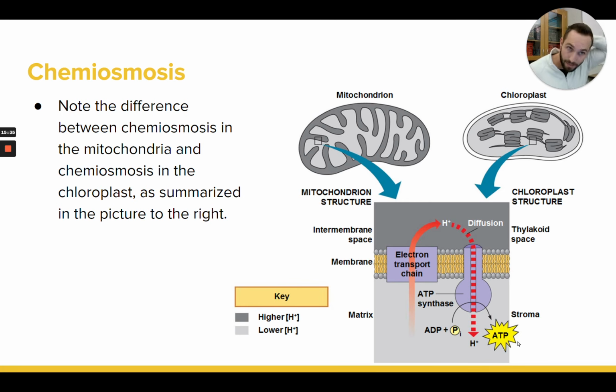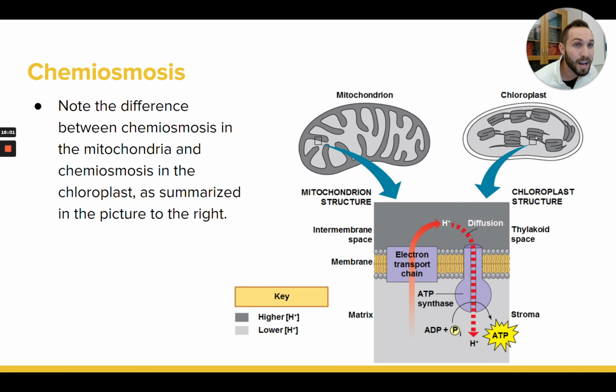Now in the chloroplast, hopefully you can explain and see the difference. In the chloroplast, the electron transport chain and ATP synthase are located on the thylakoid membrane, the membrane that makes up these discs inside the chloroplast. The hydrogen ions in the electron transport chain are being pumped into the thylakoid space, the space inside these discs.